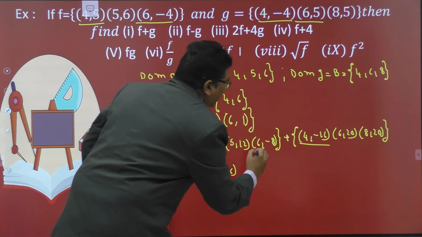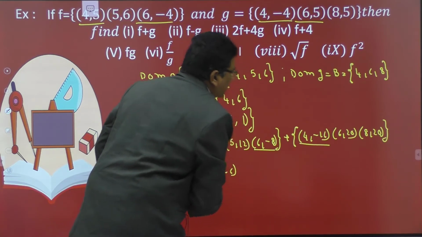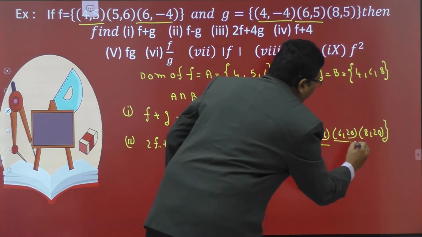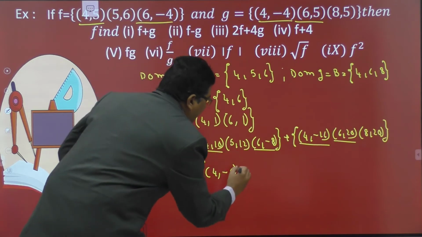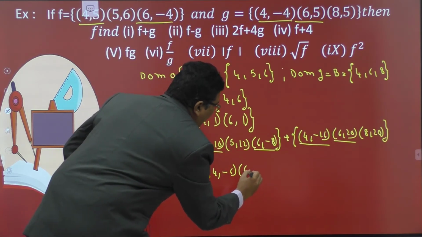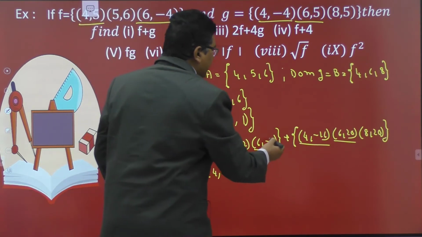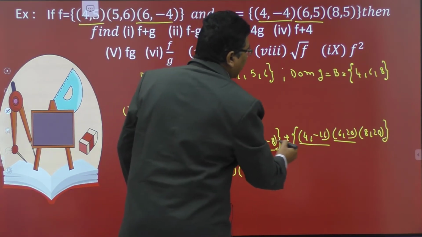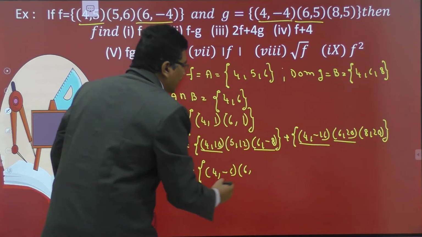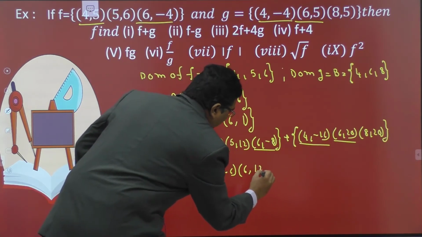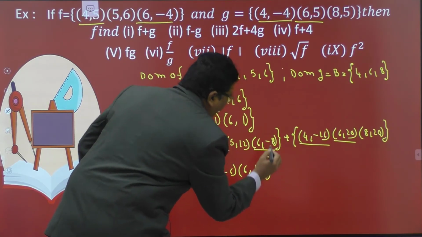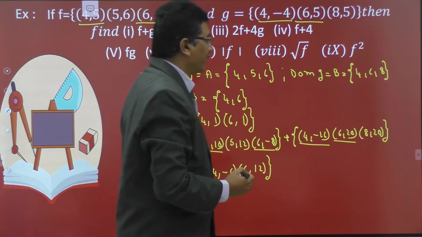Now (6, -8), this ordered pair is common. The first component cannot be changed. The second components must be added. -8 plus 20 is equal to 12. That is 2f plus 4g.